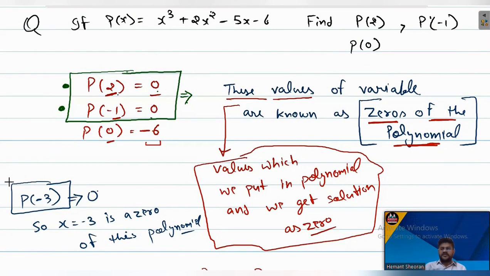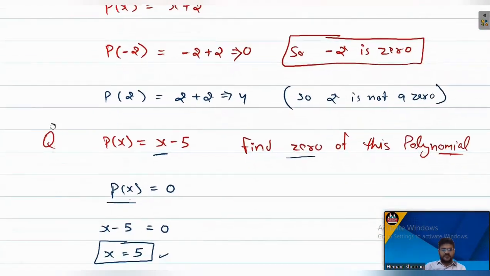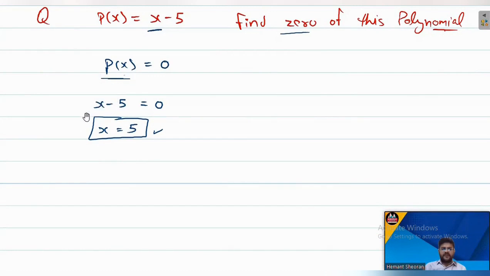So what is the factor deciding how many zeros we can have? Have you noticed? How many zeros can a polynomial have, and on what factor does it depend? This one has 3 zeros, but the linear one we just solved got only 1 zero. So on what factor does it depend?